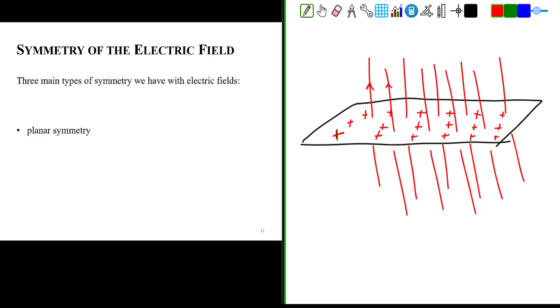So these electric field lines, notice, are perpendicular to our plane.